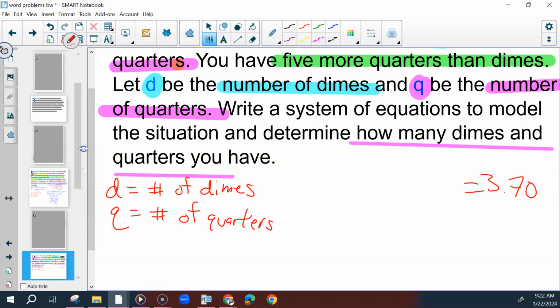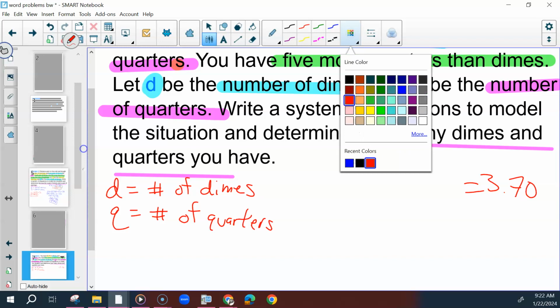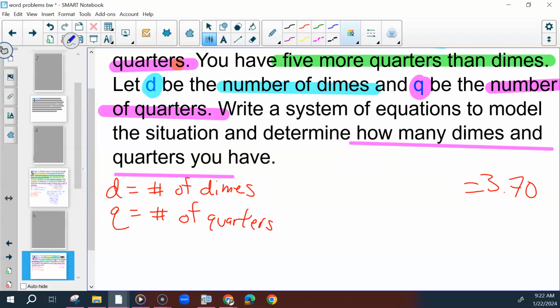Would it be like 10D plus 25Q? But 0.10D and 0.25Q. But yes, we need the worth in there. That part's kind of assumed that you got. So 0.10D plus 0.25Q. If you don't use the decimal, you get bigger numbers than what you're supposed to have, so be careful there.